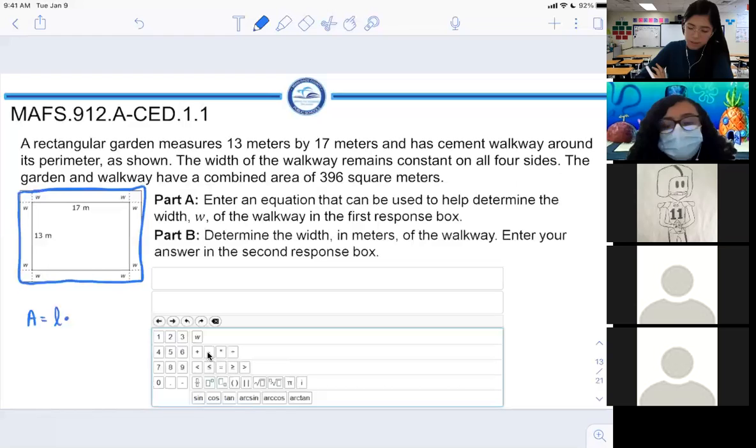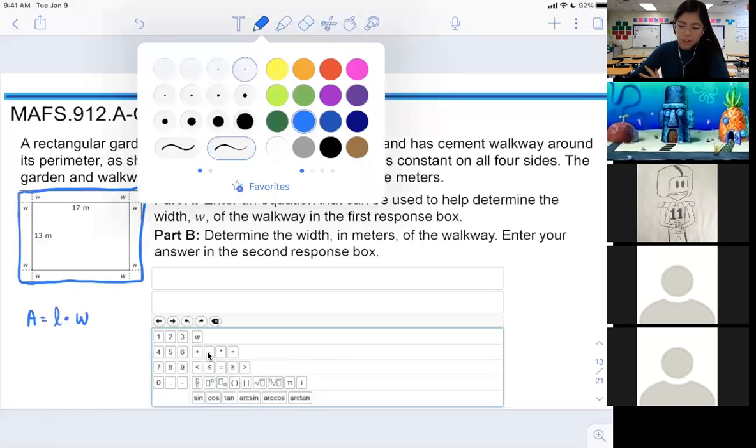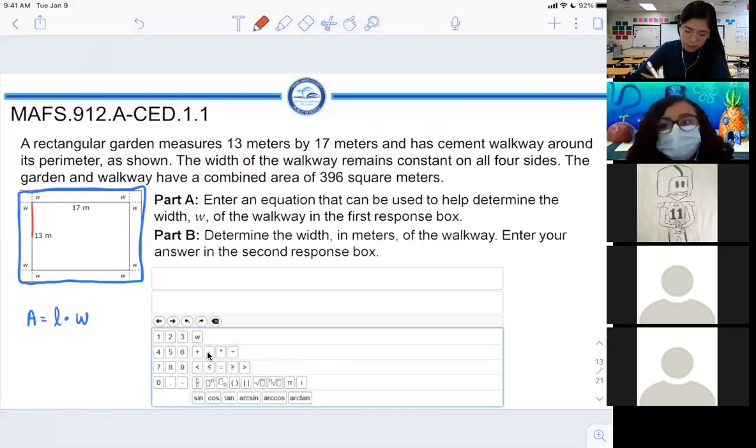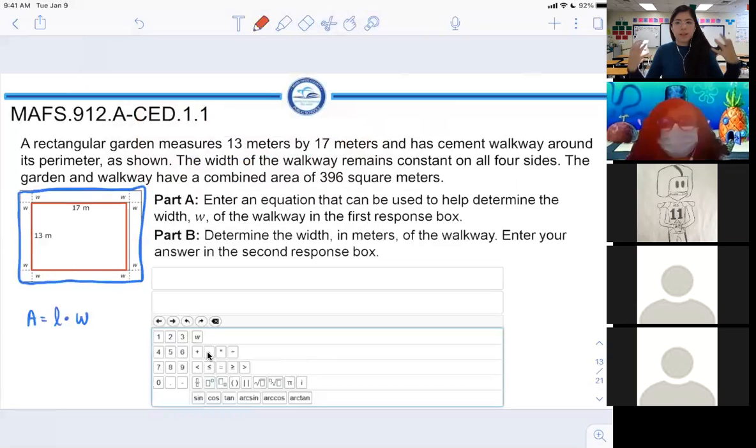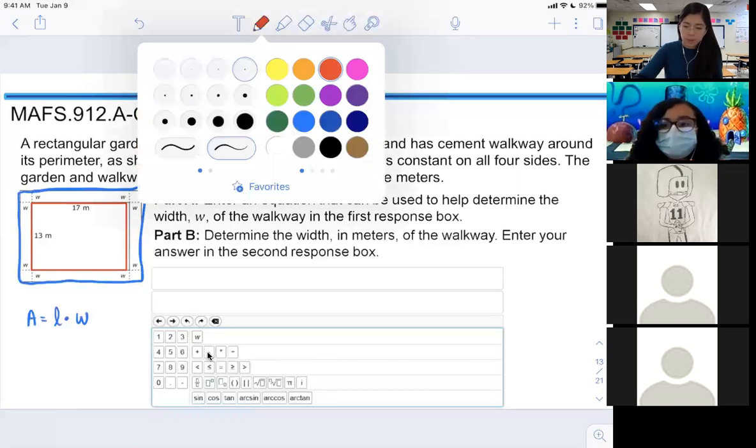Now, I know the length and the width of the inside portion of this inner rectangle. I know that the length is 17 and the width is 13. But when I add that extra portion of the cement on the outside, I no longer know how much it actually measures. I have a variable instead.